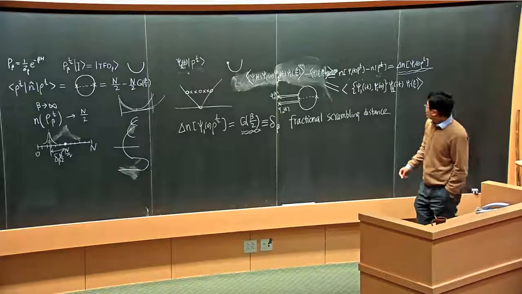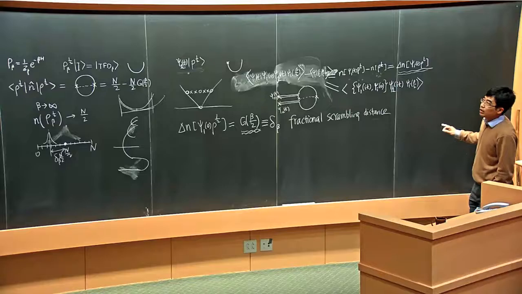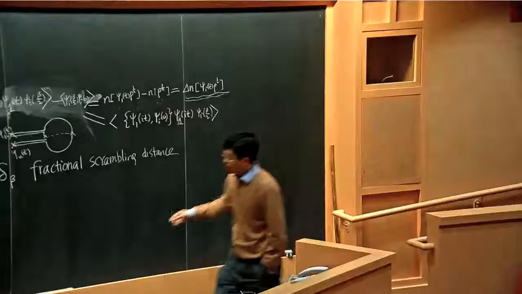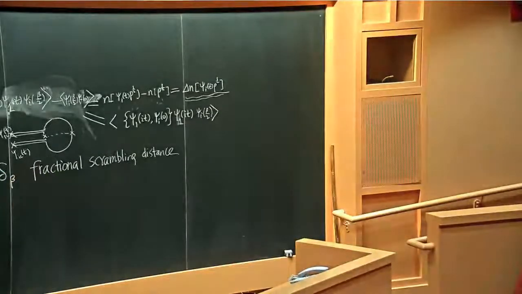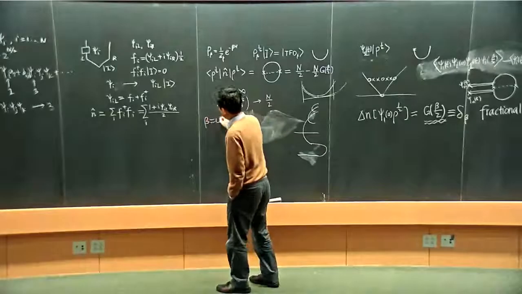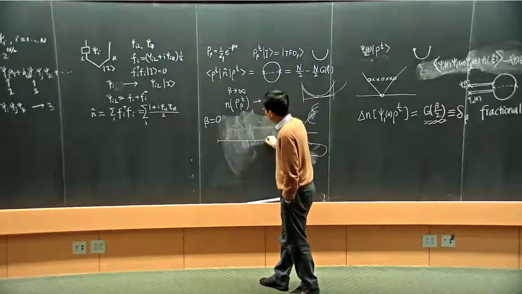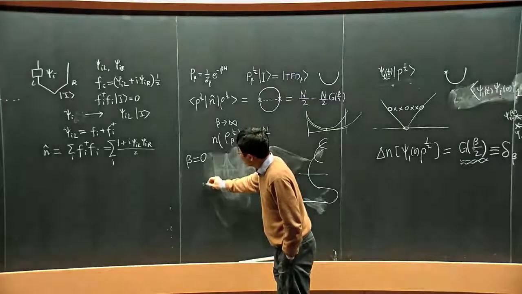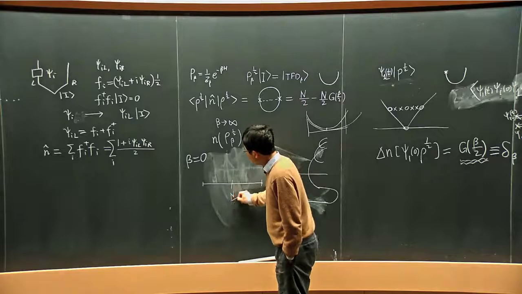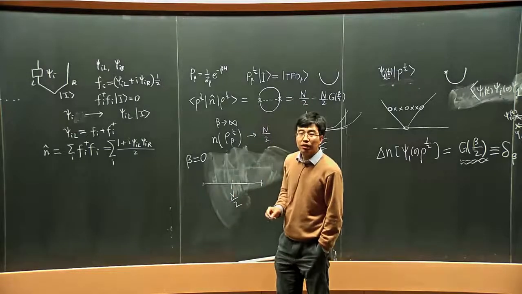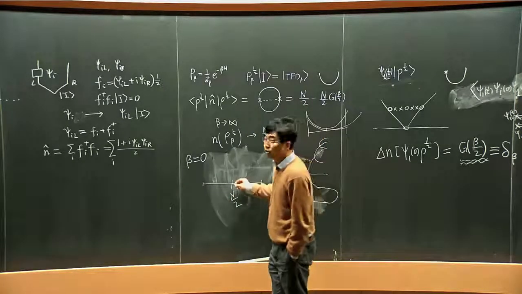Okay, so in summary, the general thing we learn is some picture like what I was trying to draw here. Let me draw it again. At infinite temperature, there is n over 2, which is the size of a random operator.